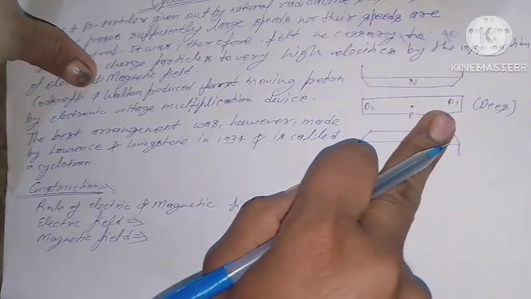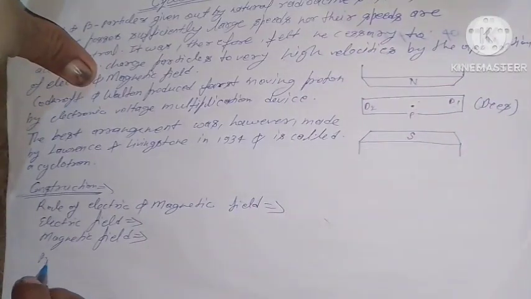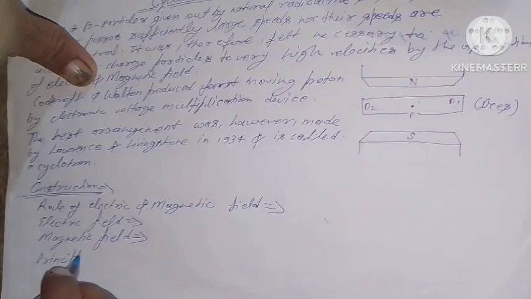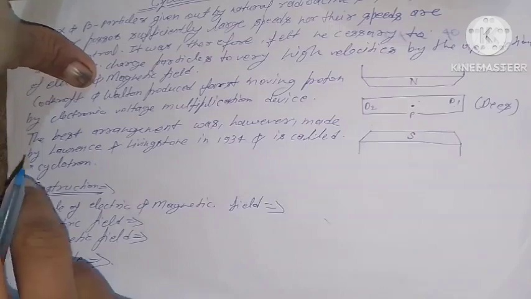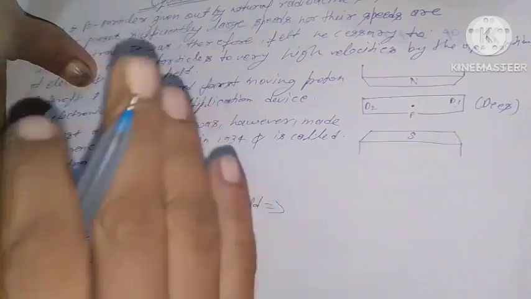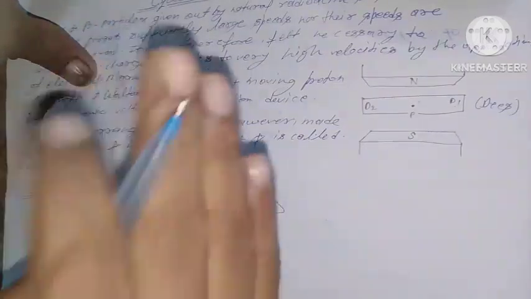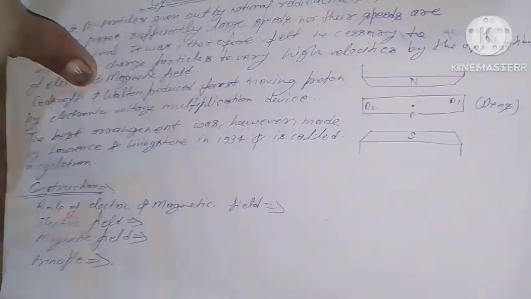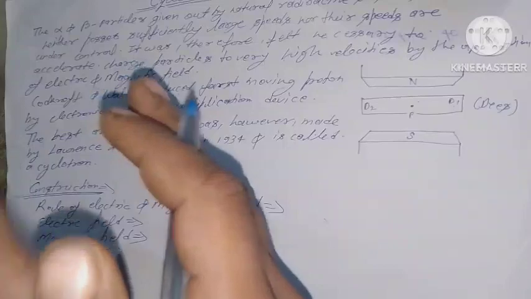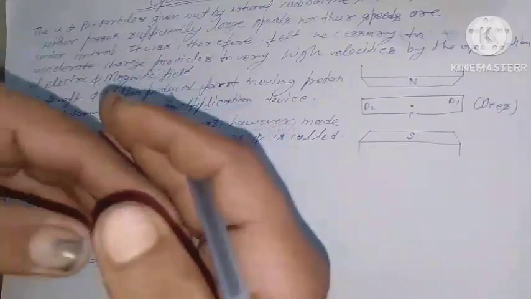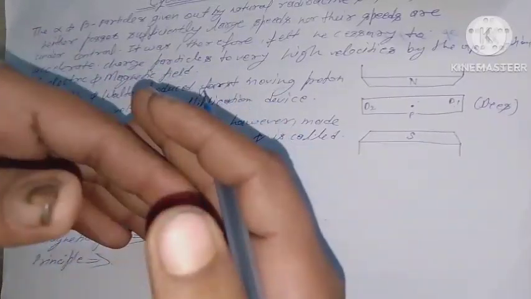Principle. The cyclotron is a magnetic resonance type positive ion accelerator.